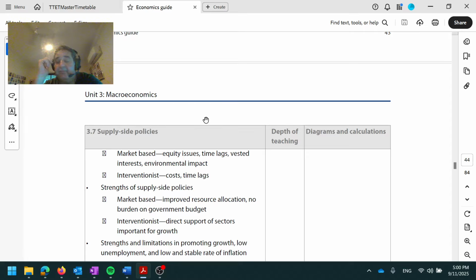Interventionist policies are really expensive. Okay, time lag. You think of all the infrastructure projects going on around Brisbane and the Gold Coast and the Sunshine Coast. We forever seem to be working on that Cross River Rail project. The Bruce Highway or the M1 to the Gold Coast, fixing that up all the way to the New South Wales border, takes a long time, costs a lot of money, it's slow work.